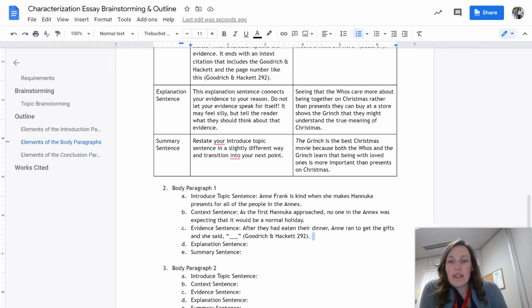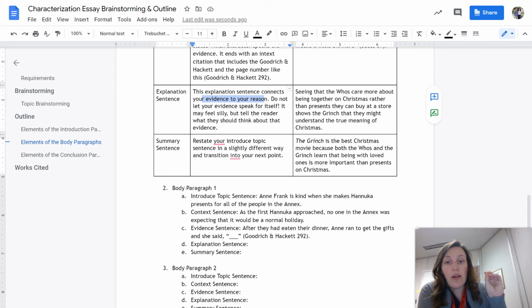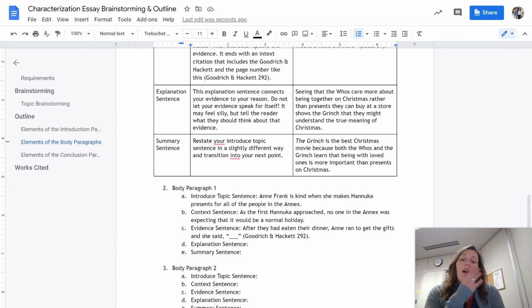That's your evidence sentence. And then for your explanation sentence, you're going to connect your evidence to your reason. Every time, you want to make sure that when somebody reads your evidence, they get the point that you want made. So although it's super basic, just for right now as we're working on initial paragraphs, you can start with something like this demonstrates or this shows.